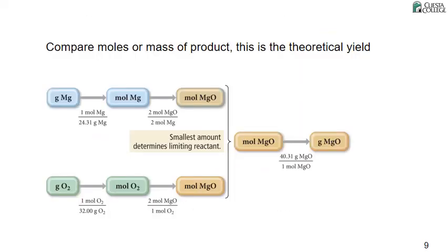There's another little figure in your text, so if you're reading Tro, you might come across this figure. The author of our textbook suggests that you stop and calculate just the moles of the product possible from each of the two reactants. Here would be reactant 1, here's reactant 2.